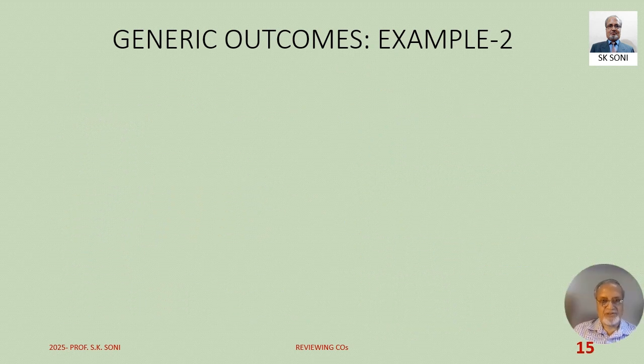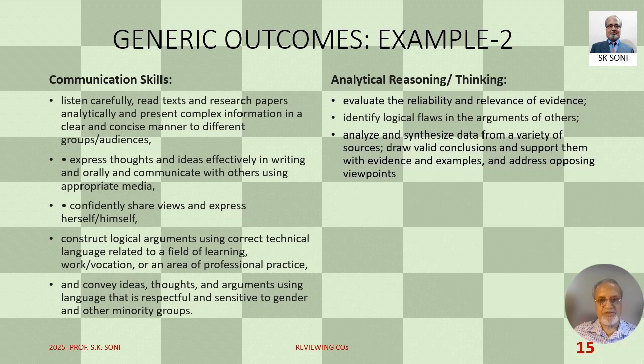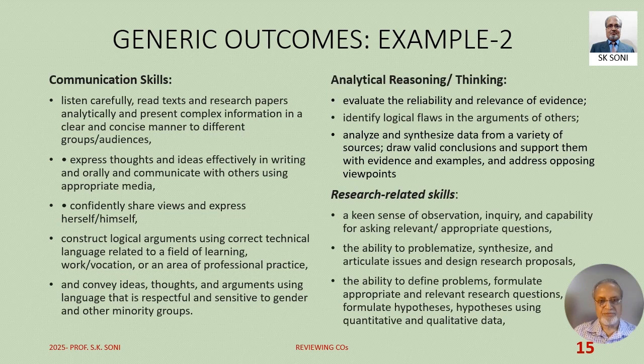This is the second example of generic outcomes. Communication skills, analytical reasoning and thinking, research related skills. Communication skills: listen carefully, read text and research papers analytically, and present complex information in a clear and concise manner to different groups or audiences.